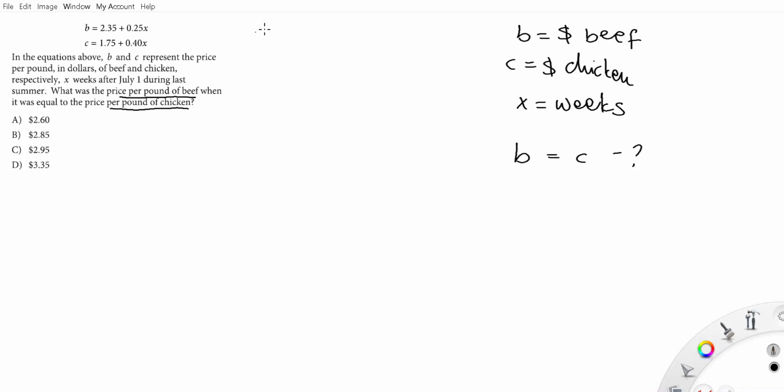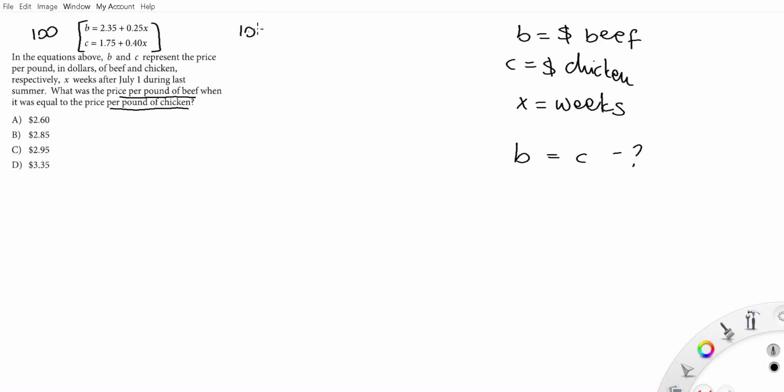So one quick trick I'm going to show you when working with decimals, like I have here 2.35, 0.25: make it easier for yourself and get rid of the decimals. In this case, if I multiply everything here by 100, I'll get rid of these decimals.